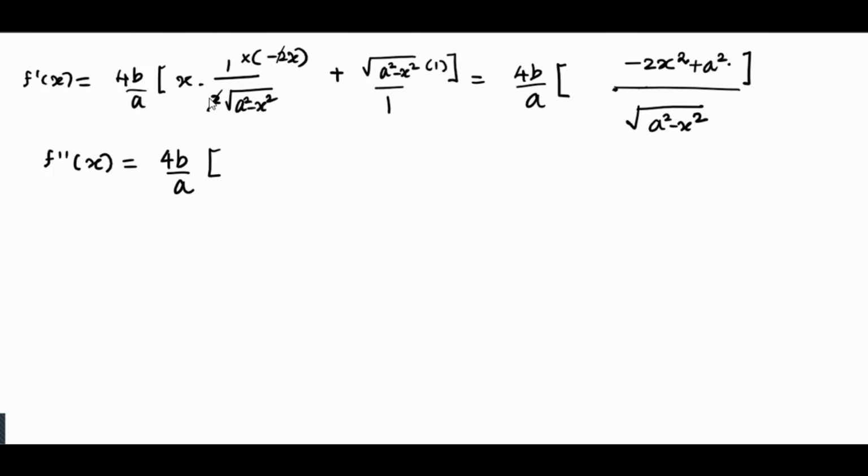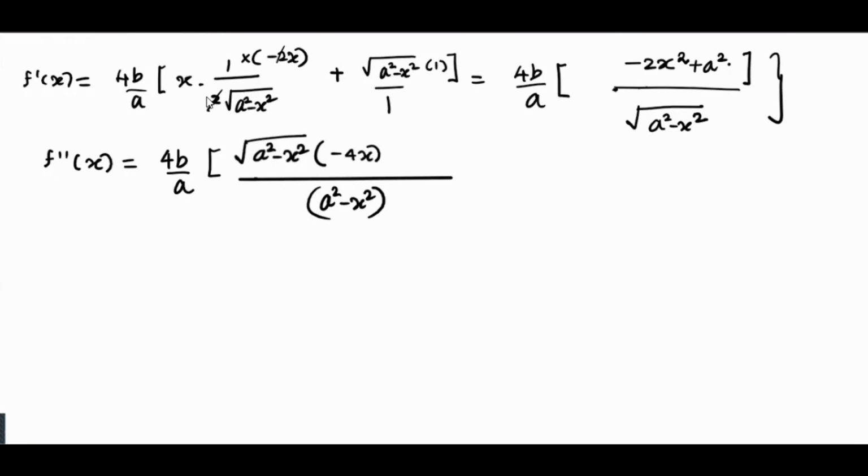Okay. So 4b by a, this is u by v differentiation. The denominator would become a square minus x square without the square root, and vu dash would become minus 4x, plus uv dash.